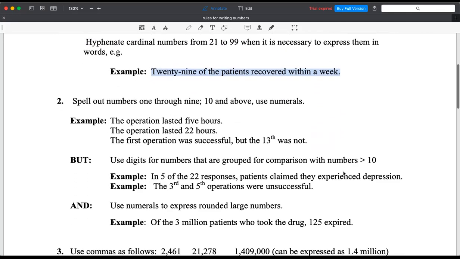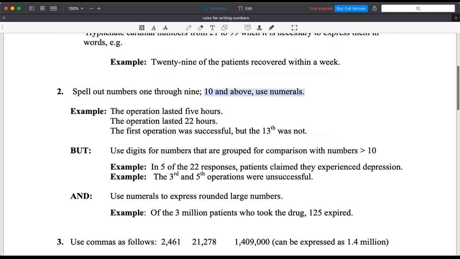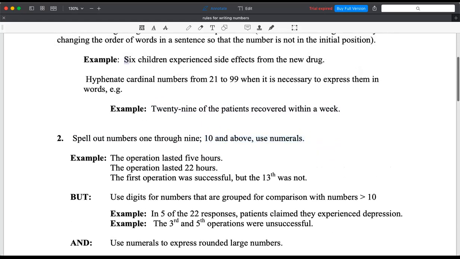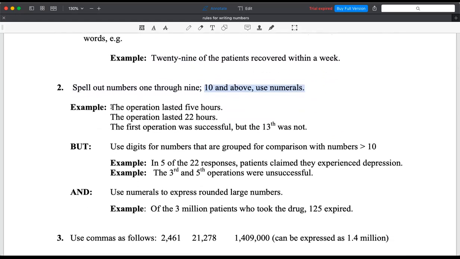Rule number 2: we spell out numbers 1 through 9, and for 10 and above, we use numerals. Once again, this is in the middle of a sentence, because at the beginning of a sentence we always spell them out. We spell the numbers below 10.